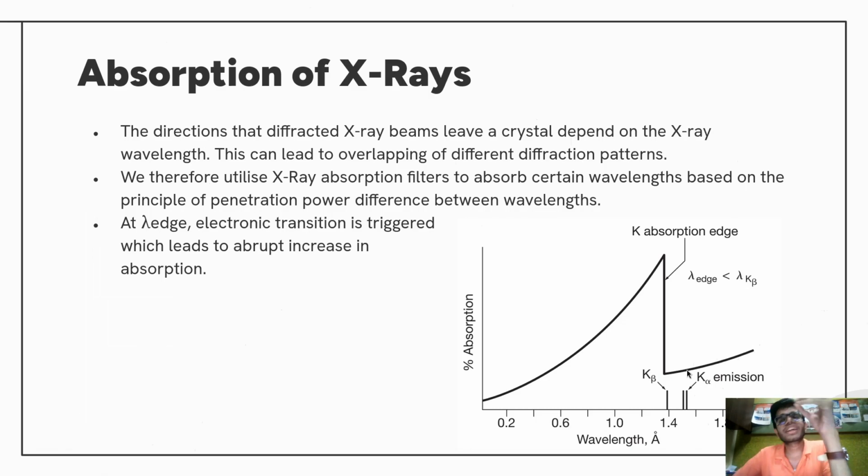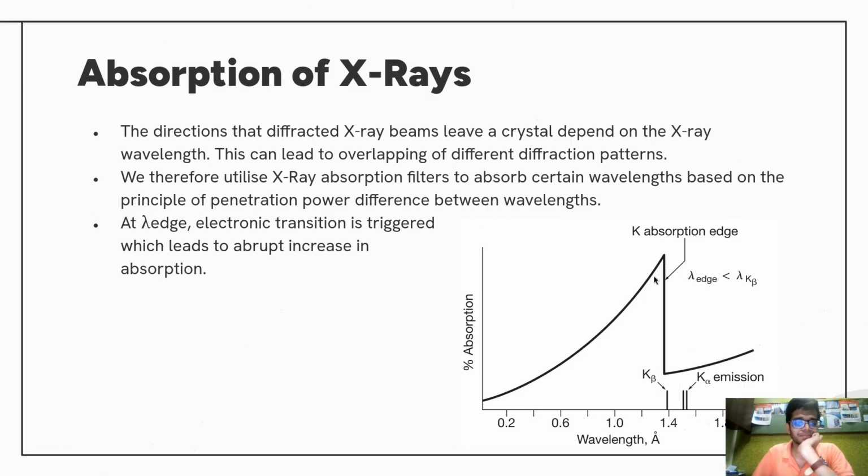But if we can choose the target metal such that the frequency of X-rays matches the resonant frequency of the filter, what I mean by that is, suppose at this wavelength near K beta, we chose the filter such that at K beta, the photon is absorbed by the lower energy electron and gets excited to a higher energy state. Suppose it matches that frequency. So in that case, the K beta will be absorbed way more than K alpha. Hence we can separate it out.